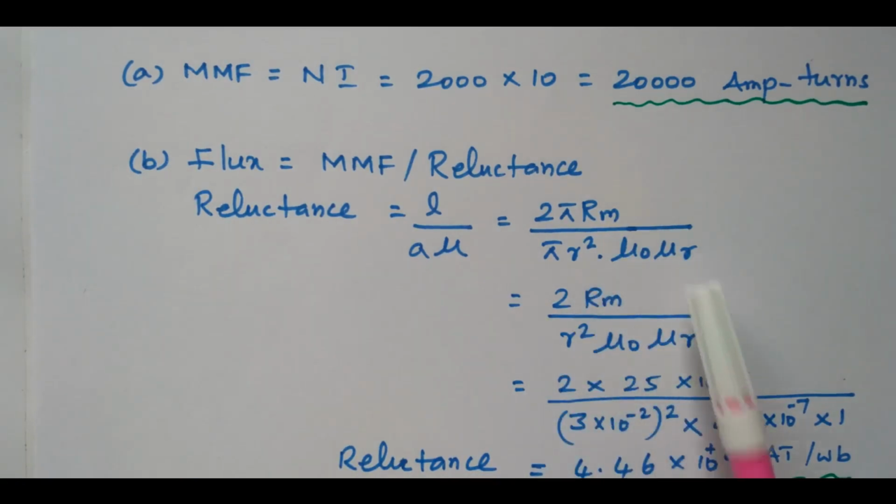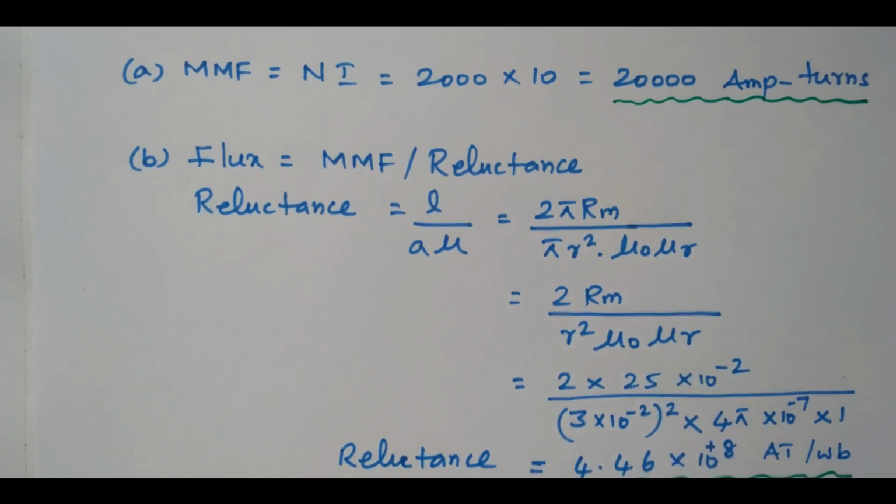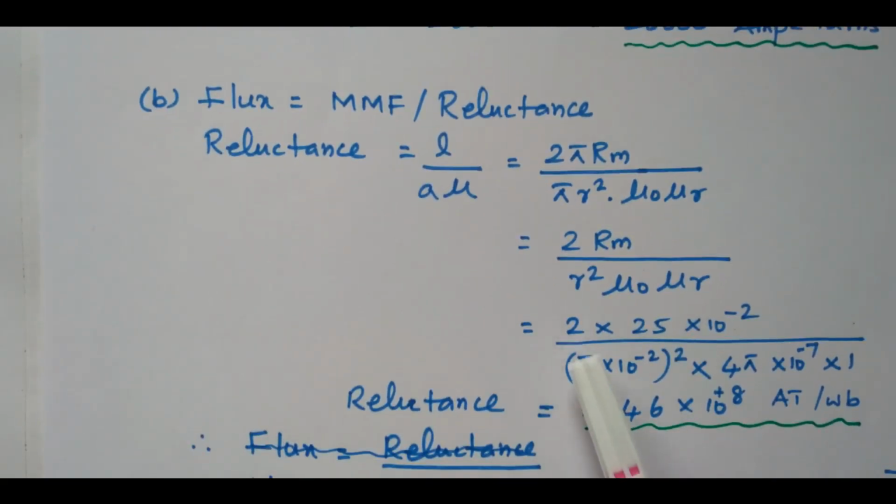Then mu naught, mu r. So this pi value got cancelled, and we have 2 Rm divided by r square mu naught into mu r. Now we can substitute the values. 2 into Rm, which is 25 into 10 to the power minus 2, divided by r square, which is 3 into 10 to the power minus 2 squared, into mu naught, the constant 4 pi into 10 to the power minus 7, into relative permeability.